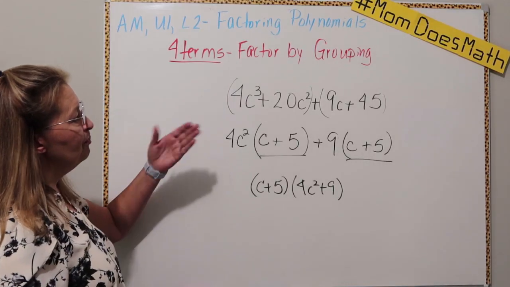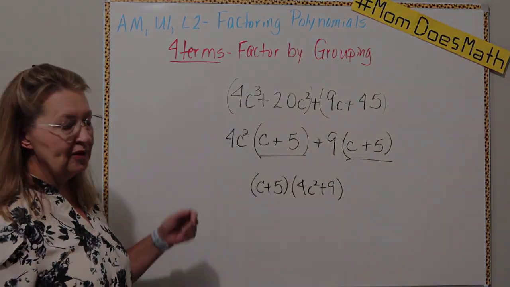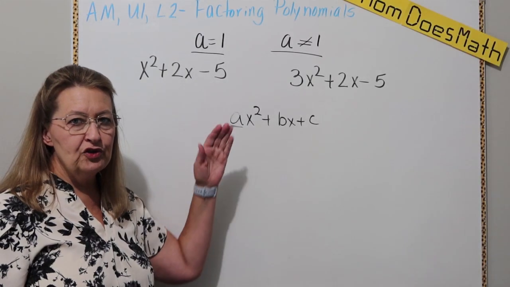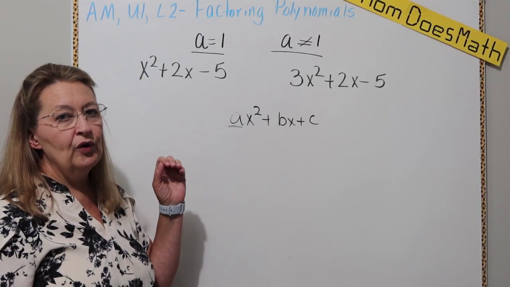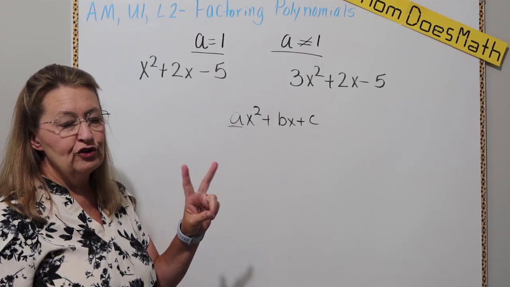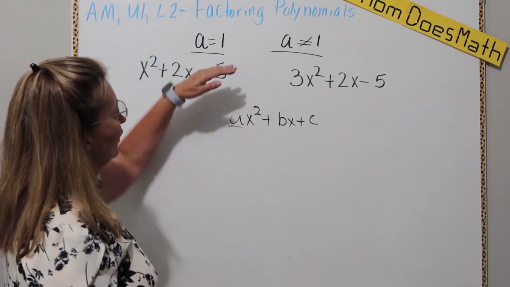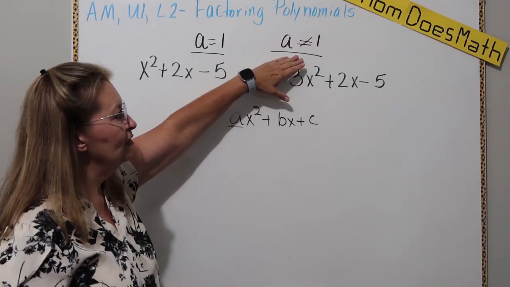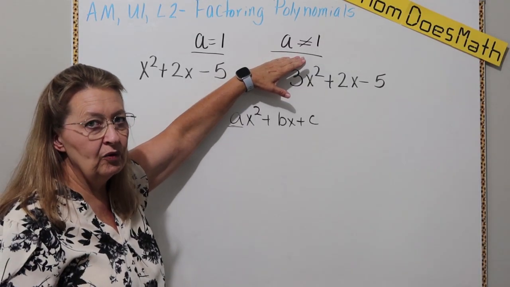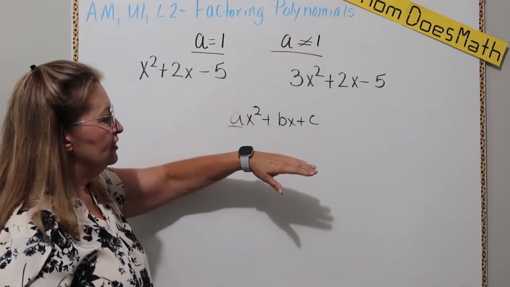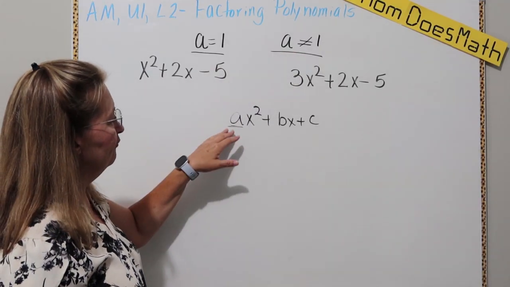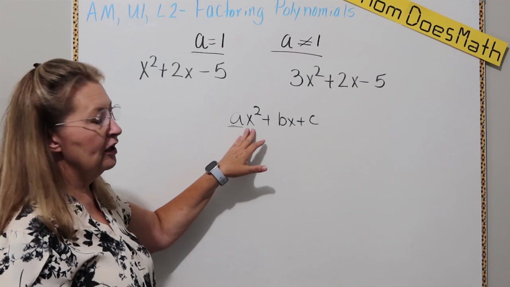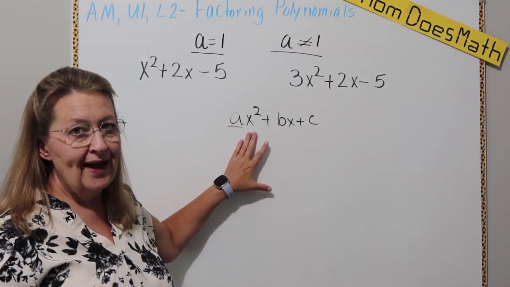Okay, now we're going to back up and do trinomials. Okay, let's back up to the trinomial section now. And we're going to look at trinomials as if they are two different things. We're going to have a trinomial that we call a is equal to 1 and a trinomial that we call a is not equal to 1. If you remember, standard form of a quadratic, the coefficient of your x squared term, that's your a.